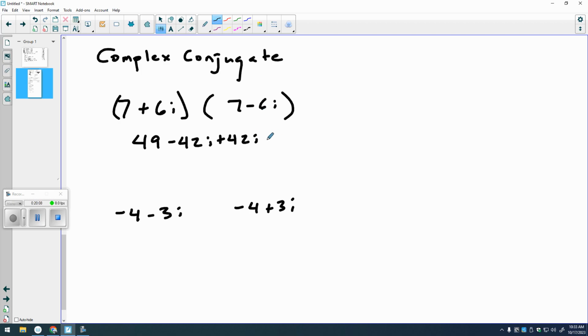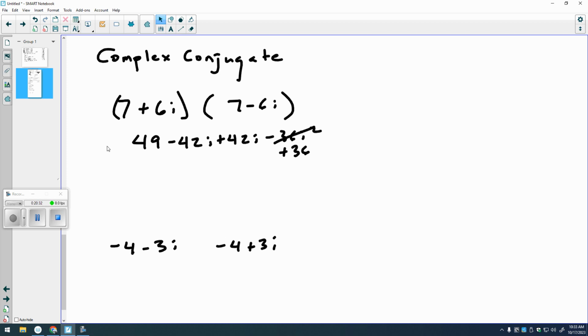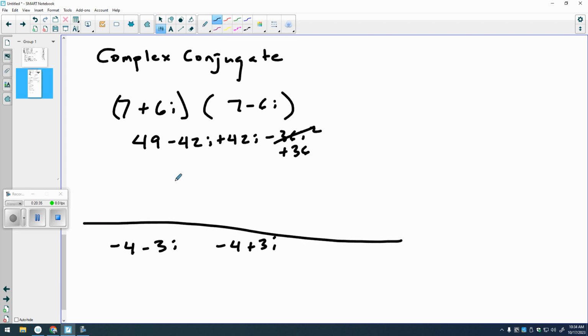And a positive 6 times a negative 6 is a negative 36i squared. i squared is a negative 1, so just like before, that becomes 36. And so I end up with 49 plus 36 is what, 85? Negative 42, positive 42 goes away.